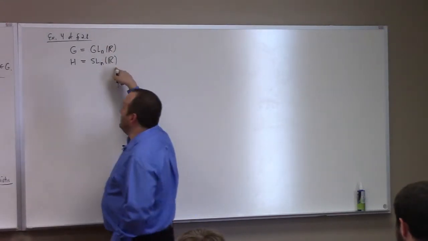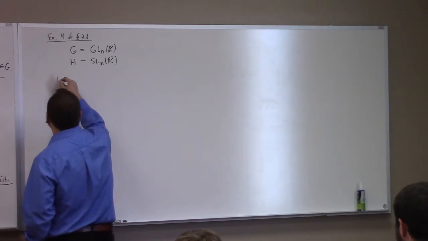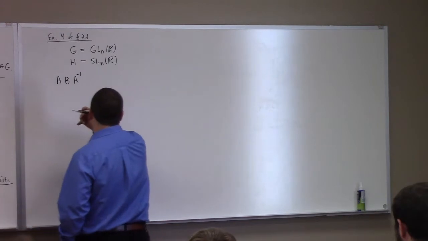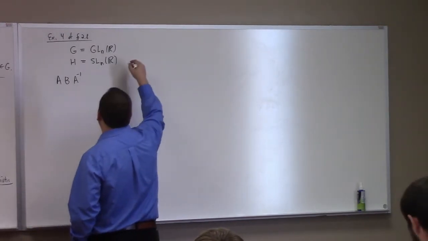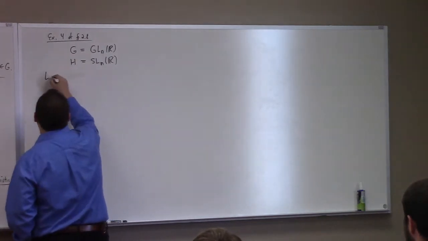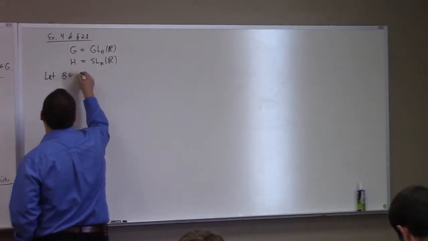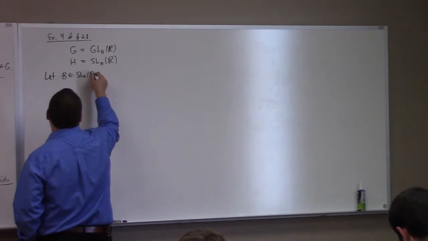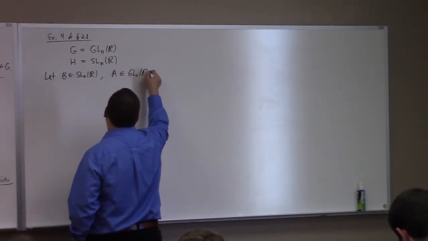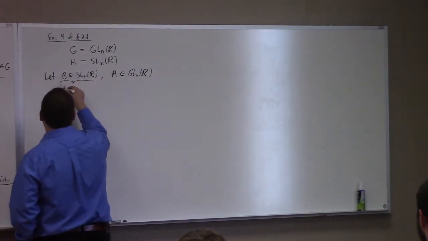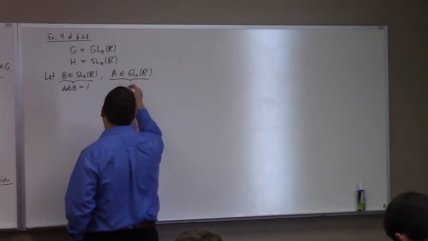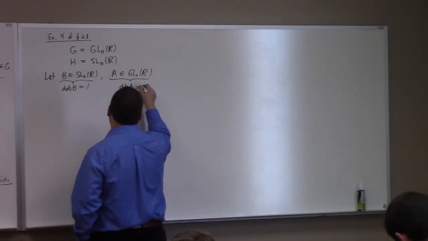Let me show you why. If we look at A B A inverse, and let B be an element of SLn, which is what? Determinant 1, right? So this just means that the determinant of B is 1. And A is in GLn, so the determinant is not 0.